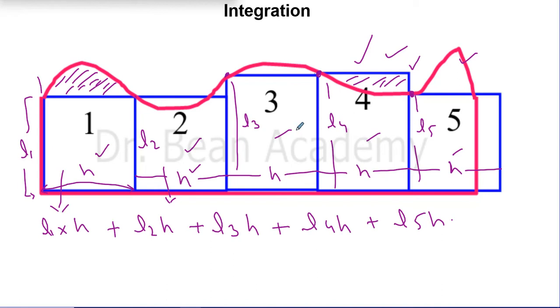Whatever you choose, it should be the same for all the rectangles in the problem. And because of the limitation that we have to use the same width, you see here I am getting some extra area in my calculation. It will also add some error into my calculated area.